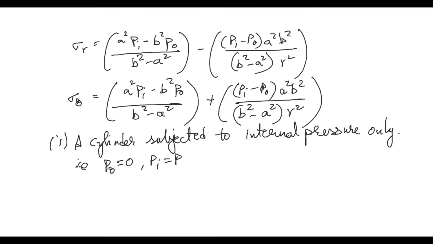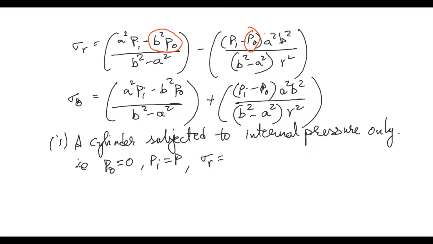So if you substitute these values, you will get sigma R equals. This P naught term will be 0 in this equation over here, because P naught is 0. And here also P naught equals 0.